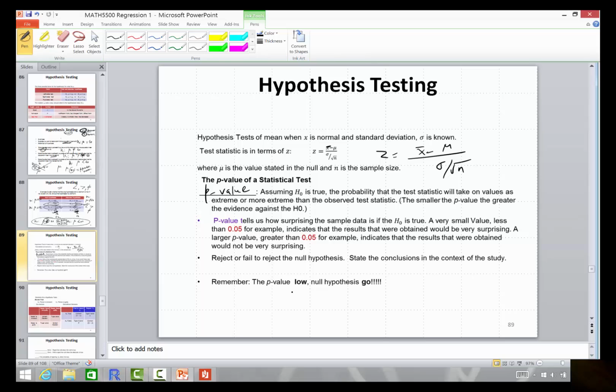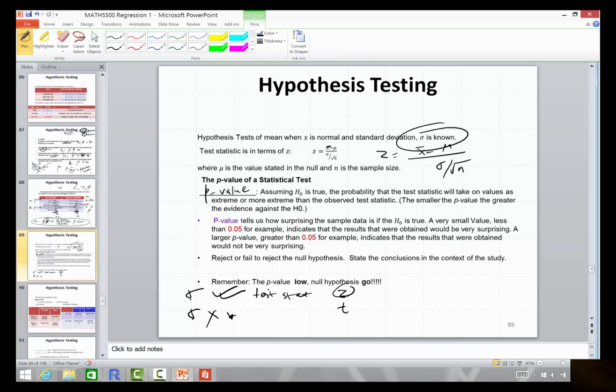You will be using the test statistic, either G or T. G is used if sigma is known, and T is used if sigma is unknown. If sigma is given to you, we go to G. If sigma is not given to you, you have to go to T. For now sigma is given, so assume we have G.